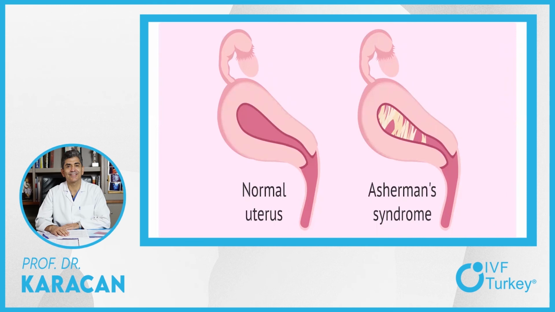This is important. So therefore, couples with RIF should be evaluated, should be analyzed for the presence of a uterine or tubal anatomical abnormality before starting any further attempt.